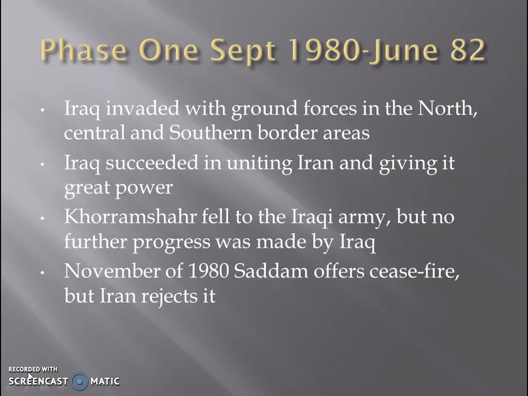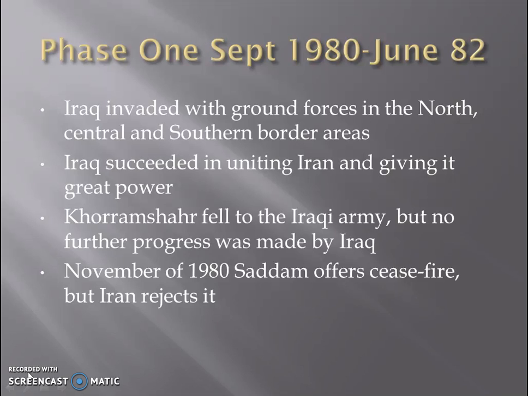From September of 1980 through November of 1980, that's all the ground they were able to gain, and their progress largely stopped by November of 1980, at which point Saddam realized his mistake, offered a ceasefire, but Iran rejected it.